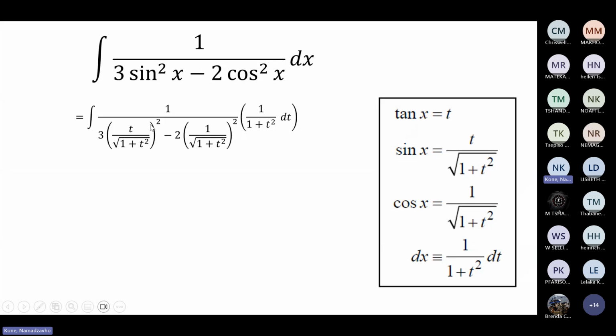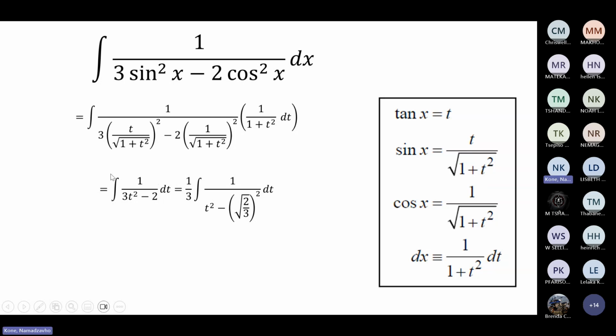This one will become t squared over 1 plus t squared. This one will become 1/(1 plus t squared). When this 1 plus t squared multiplies both, the 1 plus t squared will be gone. What is left is 3t squared minus 2 underneath dt only, which is what you see there.